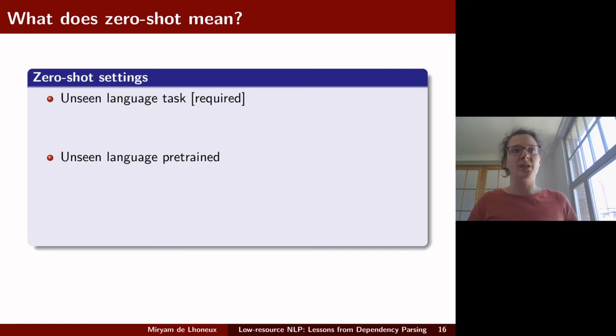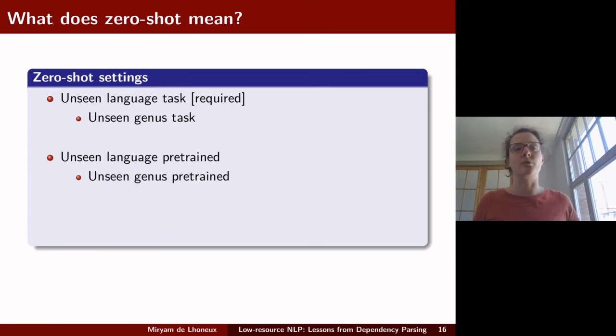But here I would actually like to propose that maybe we should have a more fine-grained definition or categorization of what zero-shot is, given the success of transfer learning for related languages. So what I suggest is that we should also take into account if the genus of the language has been seen for the task. So for example, you've seen a Germanic language, maybe this helps you.